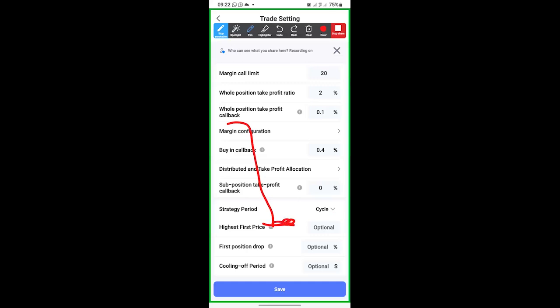So probably if this coin happens to move up before buying my sub positions, if it moves up slightly, like 3%, before it buys my sub positions, and it is on one shot, this means it is going to remove my strategy from the market because it is a one shot.